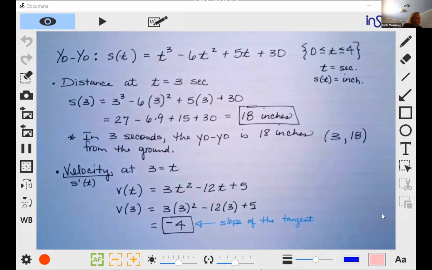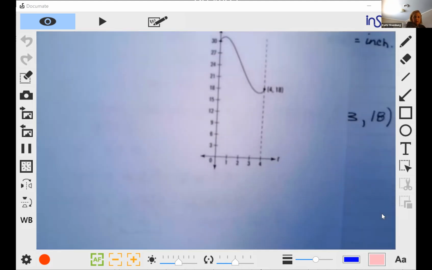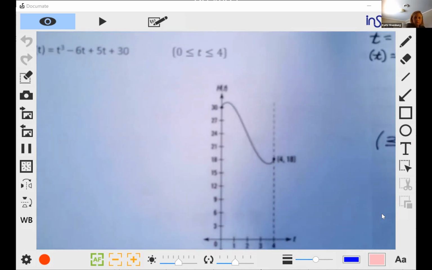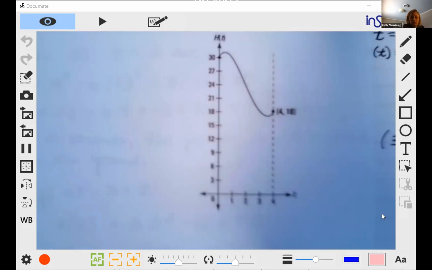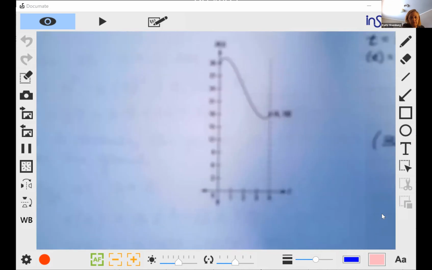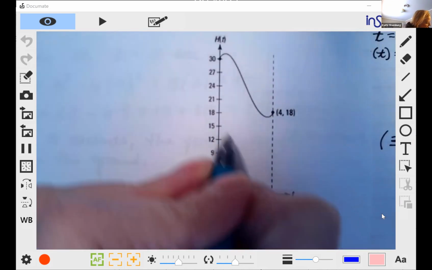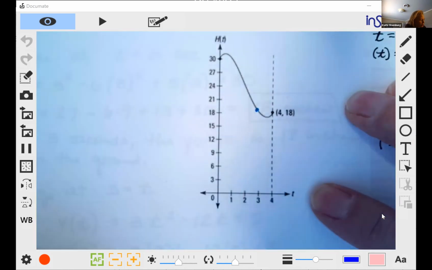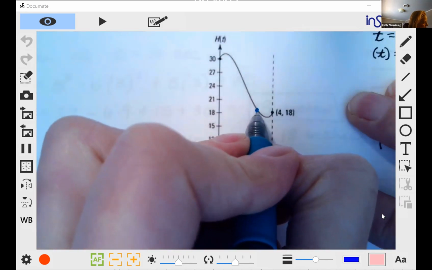All right, so first I'm going to go, and I also have this here. Let me get this close. Trying to focus it up. Okay, so at 3 seconds, it was at 18, so that is right here. 318-ish. Needs to be down just a little bit, okay?